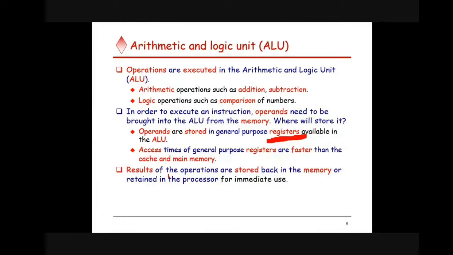Once the processing has been done by the ALU, the result is stored back into the memory. If it is an intermediate result, for example 5 plus 7 plus 3 plus 2, which has a lot of things to do, the processor won't write the intermediate result to the main memory. Instead, it will store it in the registers, because that intermediate result is needed again for further computation.